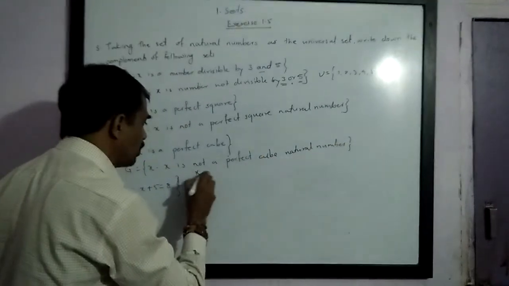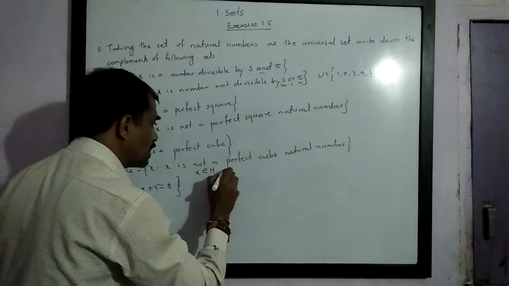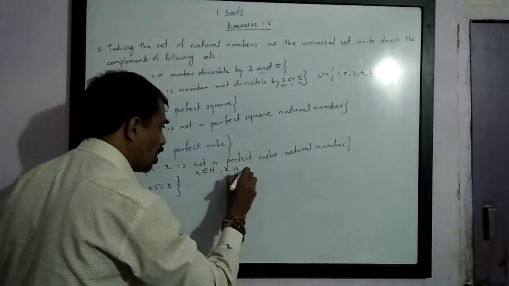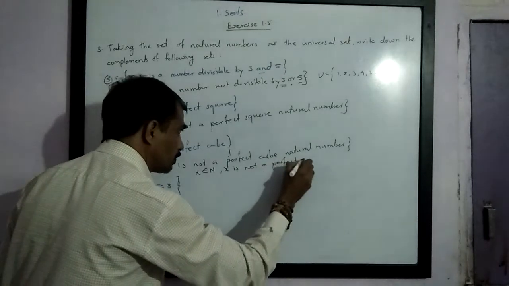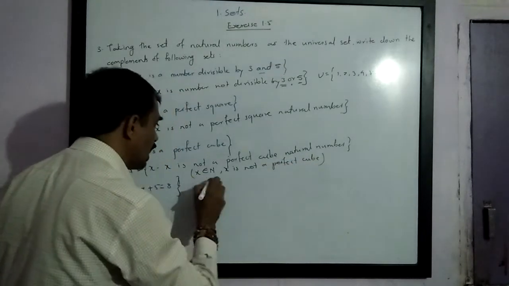This can be written as x belongs to natural numbers, but x is not a perfect cube. It can be written like this also.